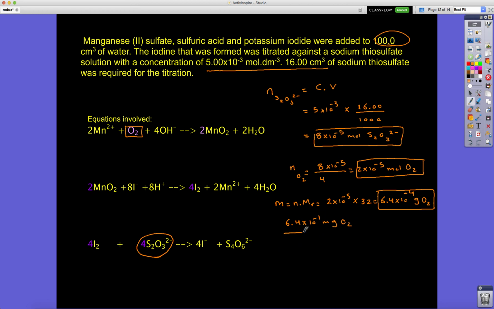Now if you divide it by your sample, which was 100 centimeter cube, and that's 0.1 decimeter cube of water, this will turn into 6.4. So 6.4 parts per million is the amount of oxygen you have in your sample. So this type of calculation you are required to do, and it's simply following the coefficients mole to mole, and this is an example of redox titration in practice.